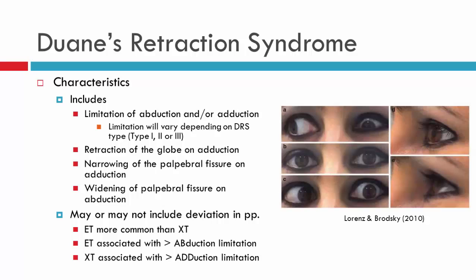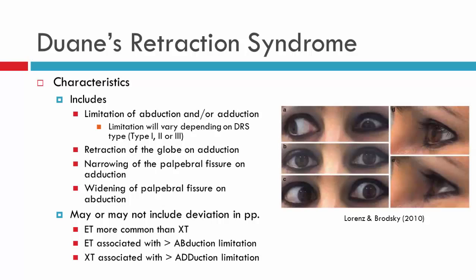So where there's strong co-contraction, so you've got the lateral rectus going hard up against the medial rectus, you're going to get much more retraction of the globe and much more changes seen in the palpebral fissures. However, where the co-contraction is not as great, then this will produce less of the mechanical characteristic of a retracting globe and a narrowing palpebral fissure.